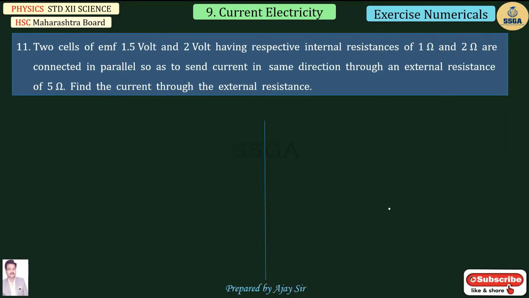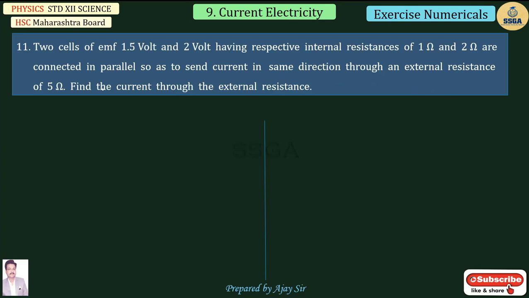In question number 11, two cells of EMF 1.5 volt and 2 volt having respective internal resistance 1 ohm and 2 ohms are connected in parallel so as to send current in same direction through the external resistance 5 ohm.